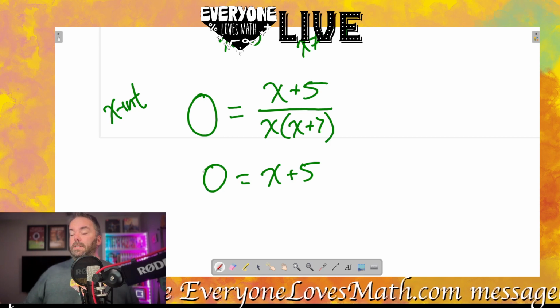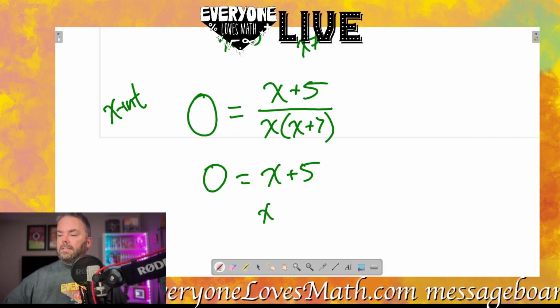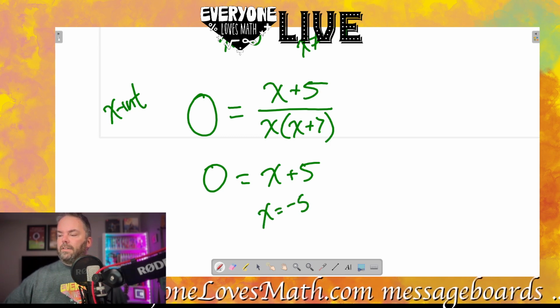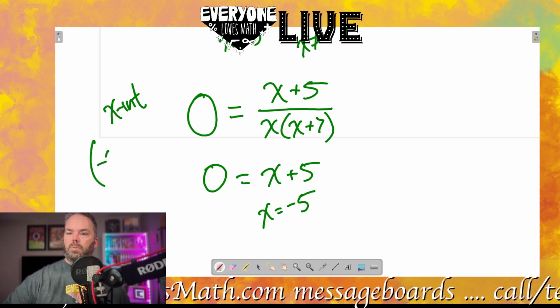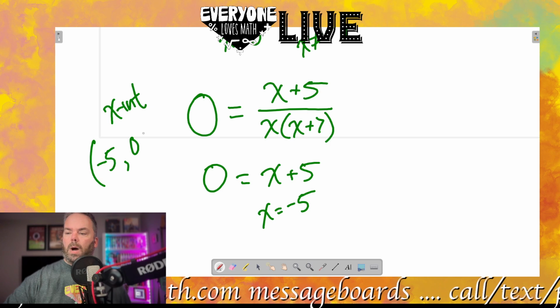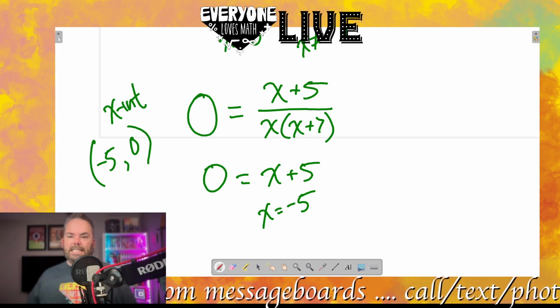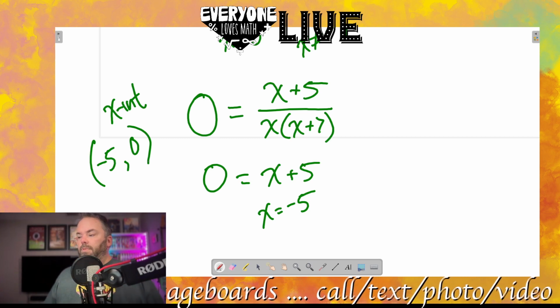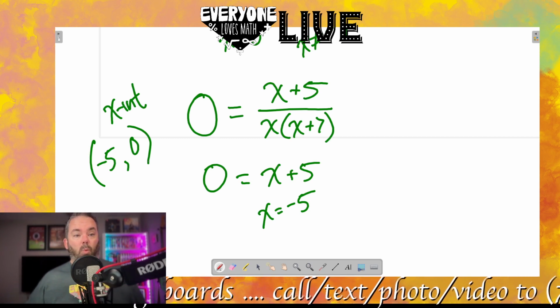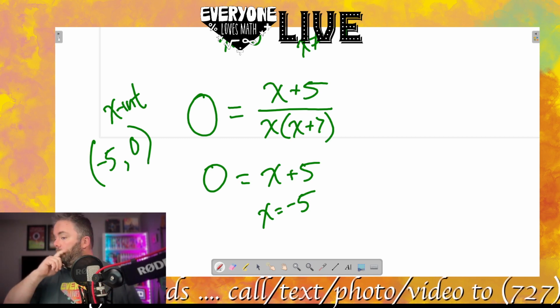So x plus 5 equals 0. That means x is negative 5. All right, so our x-intercept is where x is negative 5 and y is 0. So there's our x-intercept. So this particular problem only has one x-intercept. The last problem had 2 of them.